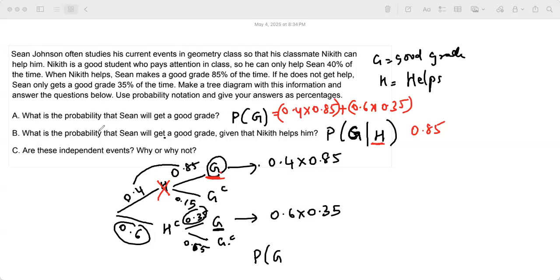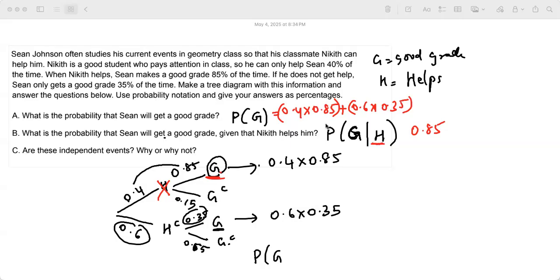Okay, now Chetan, did you get the answer for the first one? Supposed to multiply the two probabilities of him getting good grades. Correct. And then add them together. First multiply them together, meaning if Nikit is helping, what is the probability of Seen getting a good grade? 0.4 times 0.85.